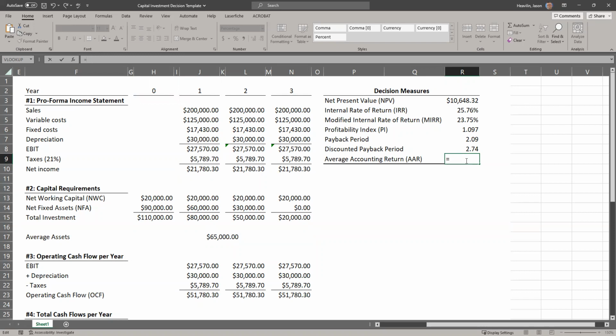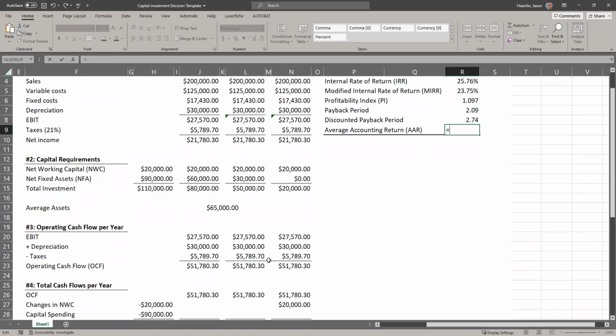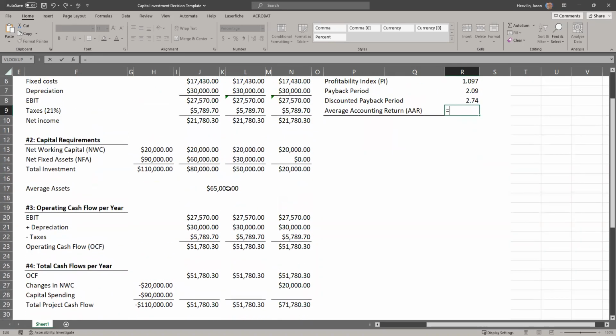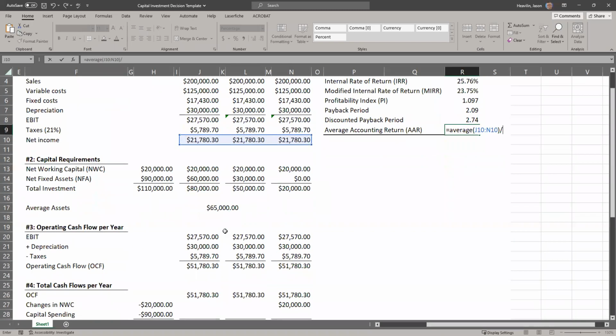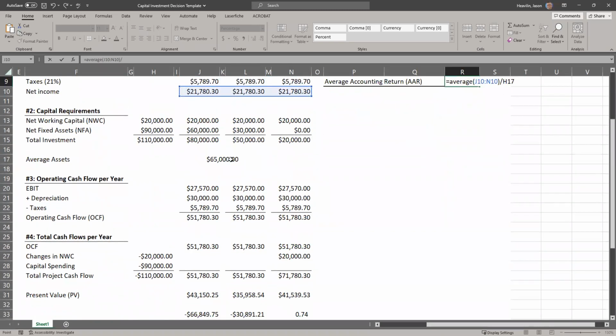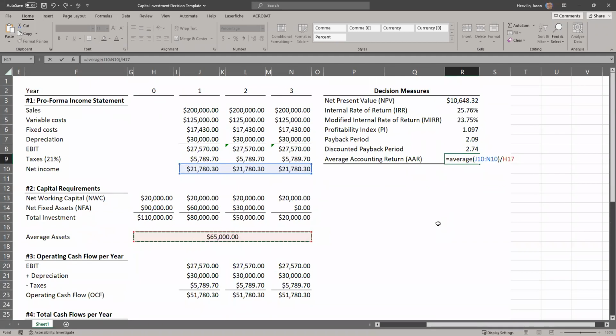Okay, equal to, it looks like I did it in reverse. Where are my average assets? Equal to the net income, I had it flipped. Average net income divided by the average assets that we already calculated previously.